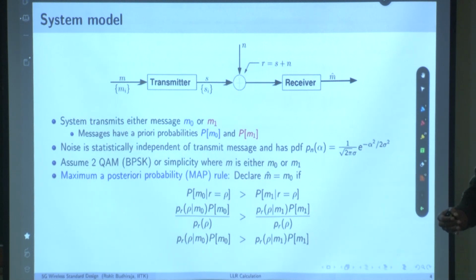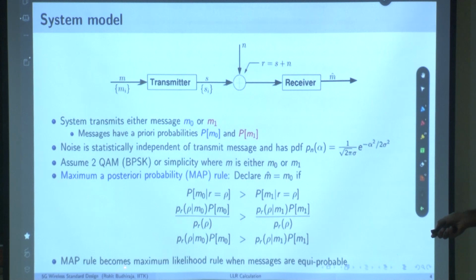Gaussian noise is a continuous random variable. So from here to here, it was discrete and it has become continuous. This notation is for a continuous random variable. This notation is for a discrete random variable. And this is binary, P of m0 and P of m1. Now I'll have to calculate this, and once we calculate this, the calculation of the whole of this becomes very easy. That's what I'm going to show you.